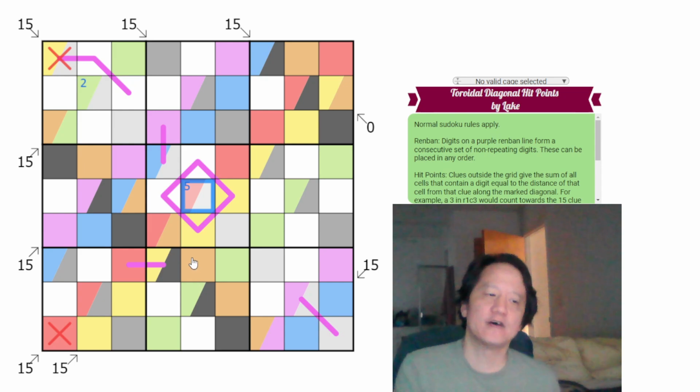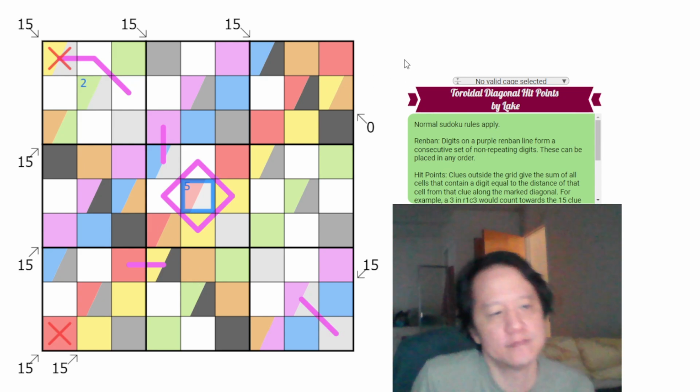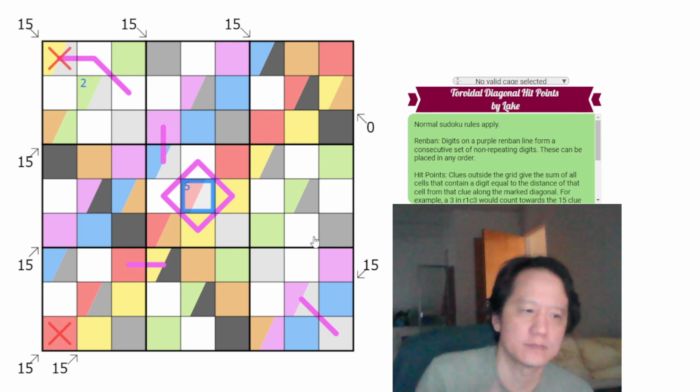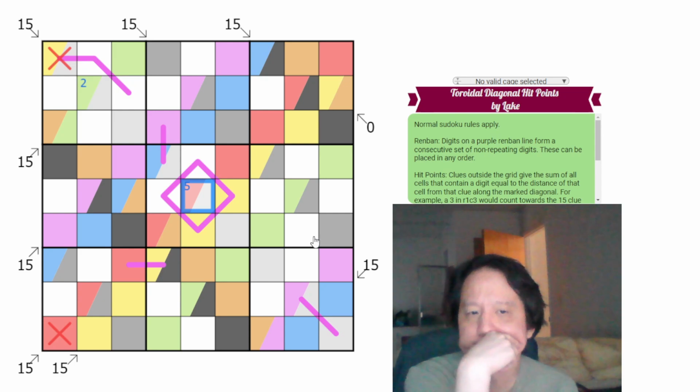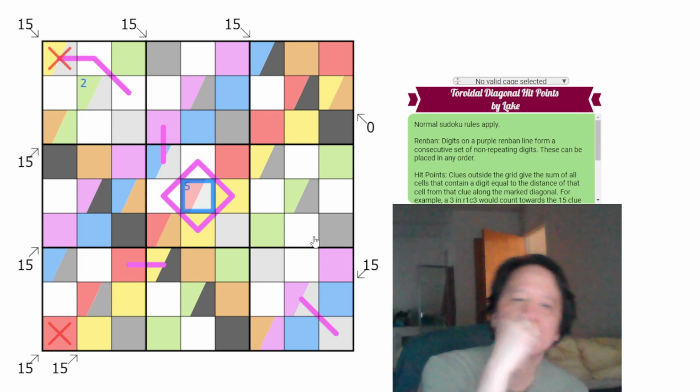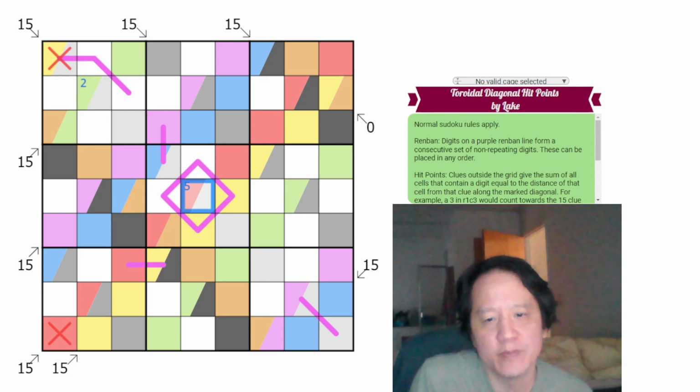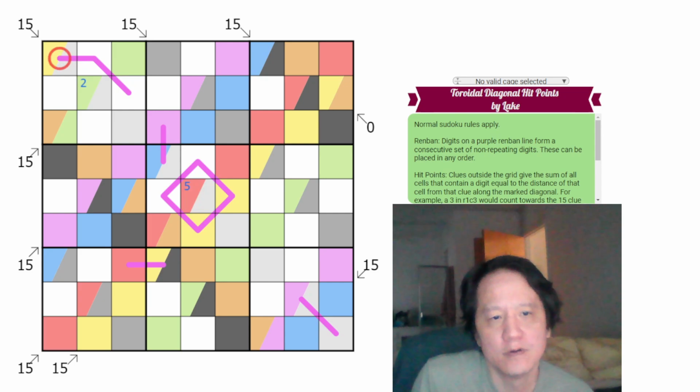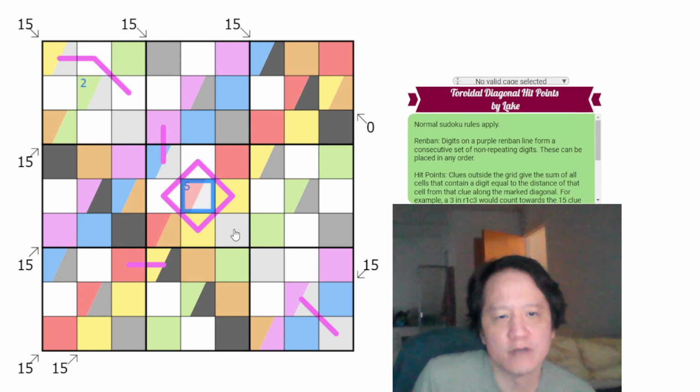If this is 5... So only the diagonals cannot be 1 through 5. We can remember that.